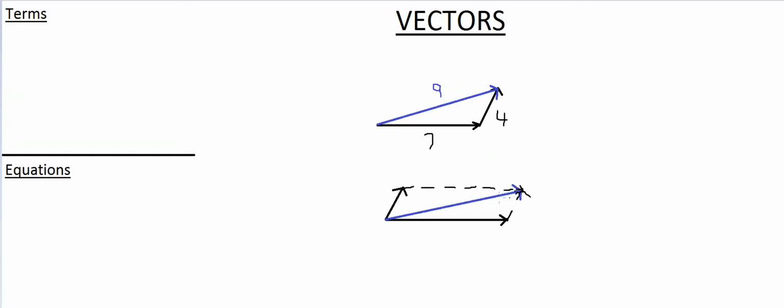This is because the shape formed by the black lines is a parallelogram, since this line is equal to this line and this line is equal to this line. This is why it's called the parallelogram rule. So if you want to resolve two vectors emanating from the same point, this is how you resolve them.